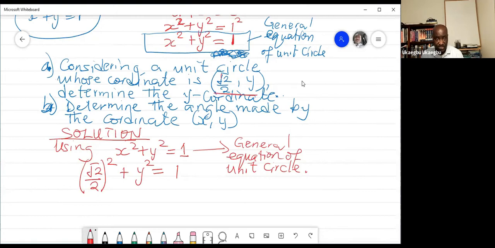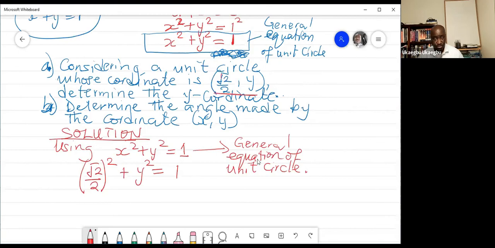They gave it to us in fractions. So we are going to analyze everything and leave it also as a fraction. The calculator we used was just to help us to determine whether that x is actually less than 1. Because for a unit circle, that coordinate of x and coordinate of y must be less than 1.